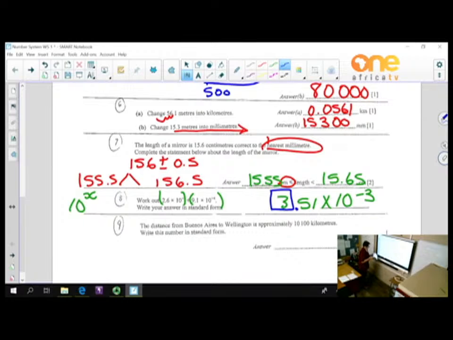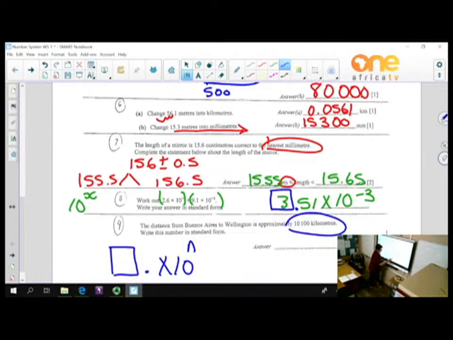And then the last one, the distance from Buenos Aires to Wellington is so many kilometers. Now here's a nice one to show it here. What is standard form? One digit times 10 to the power of n. So the one digit is the first number. And what is the first number here? 1.